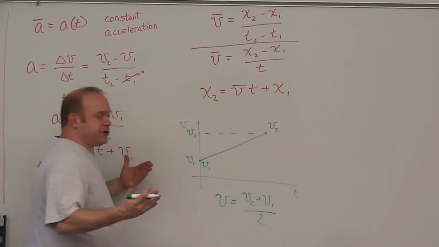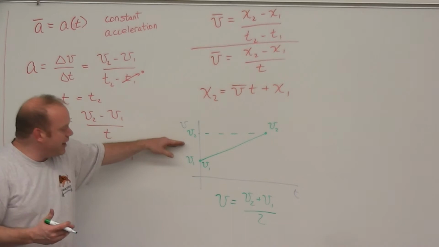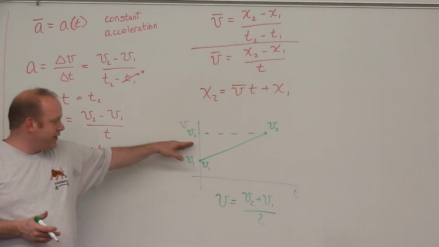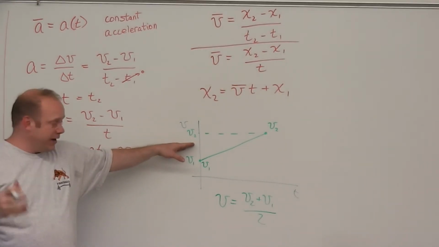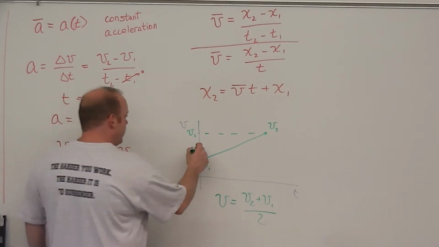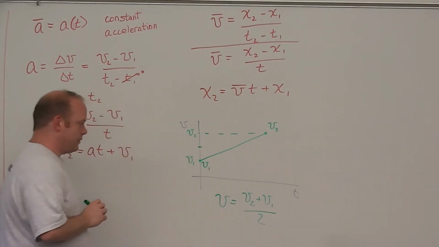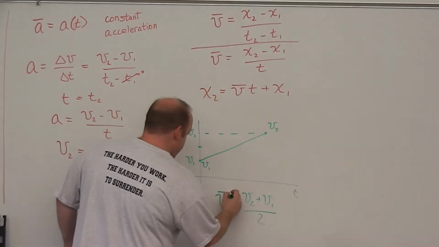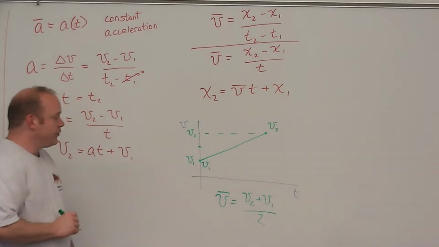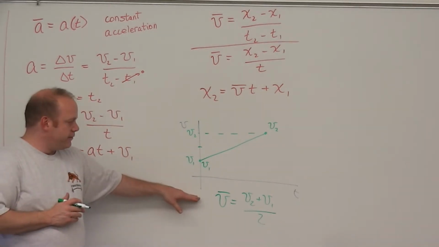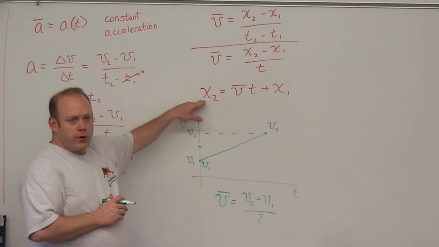It's just the average of the two. When you have a constant acceleration, you can say that your average velocity is just the average of your starting and your ending points. So it's going to be right here. That is average velocity. So now, I'm going to take advantage of this fact, and I'm going to plug it in here.